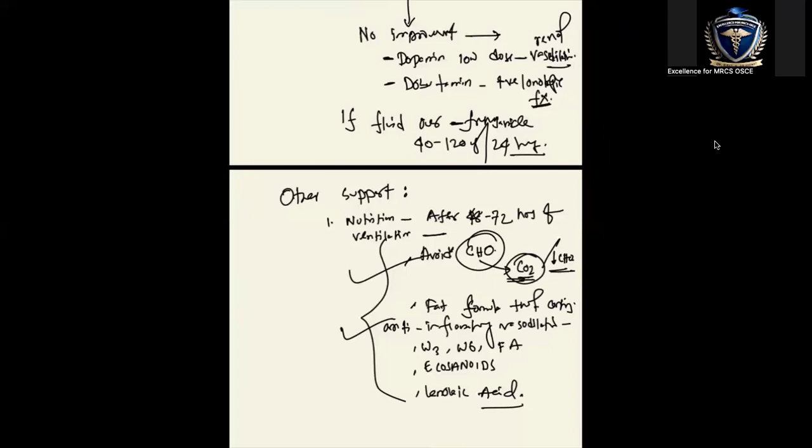So always try to mention that we'll give the patient parenteral nutrition if the patient meets all the requirements for parenteral nutrition, like weight loss even after 5 days. I will discuss these things later on.